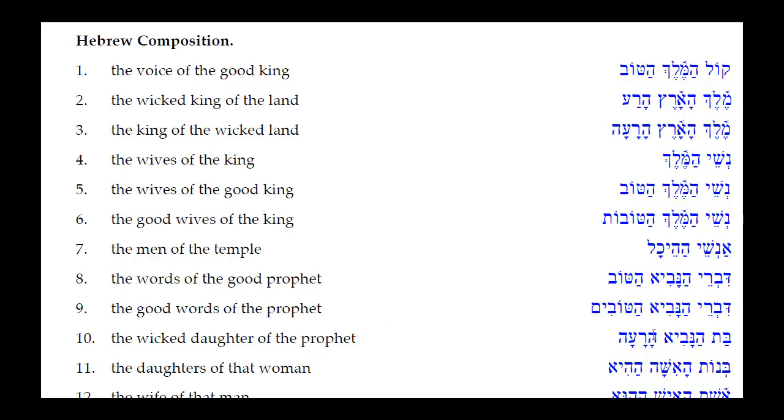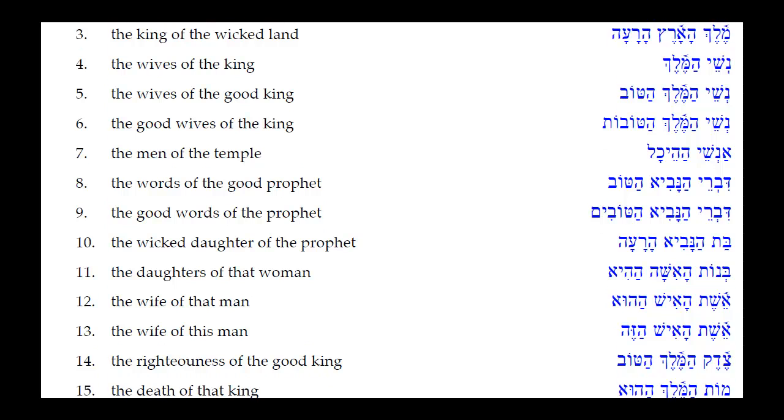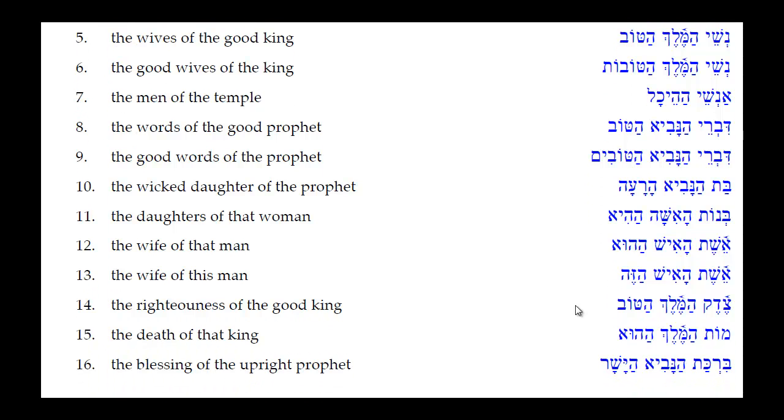Okay, let's go ahead and go on down here. Let's go to number 10 here. The wicked daughter of the prophet. Daughter is the construct noun. Prophet is the absolute noun with a definite article. Wicked is the attributive adjective agreeing with the construct noun. So what we want to do is daughter is bat.